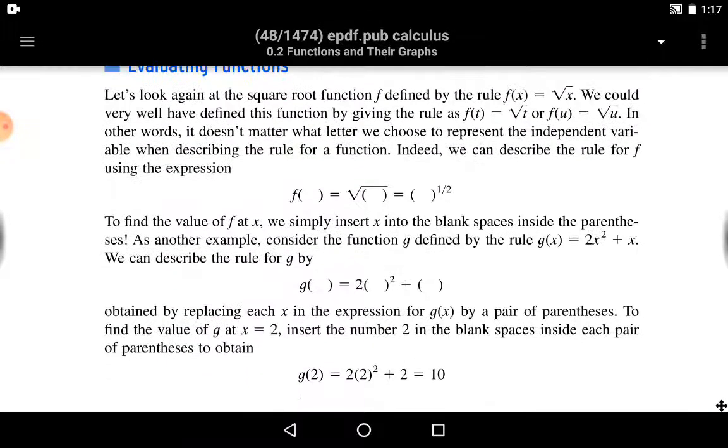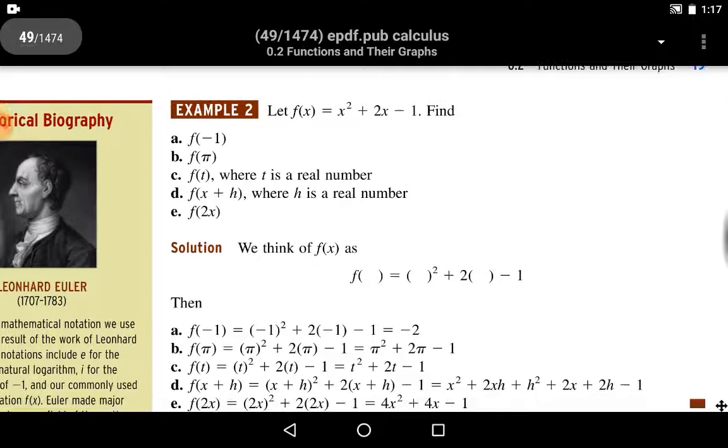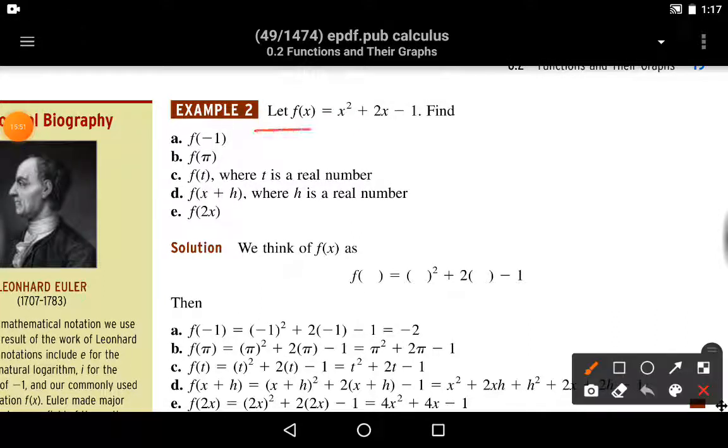Now, evaluating functions. How will we evaluate a function? In the function, we replace x by the point value. Easily explained by this example: f(x) equals x square plus 2x minus 1.